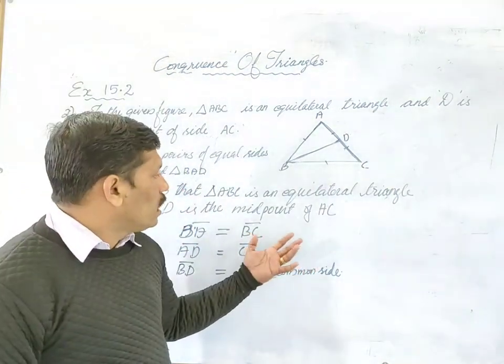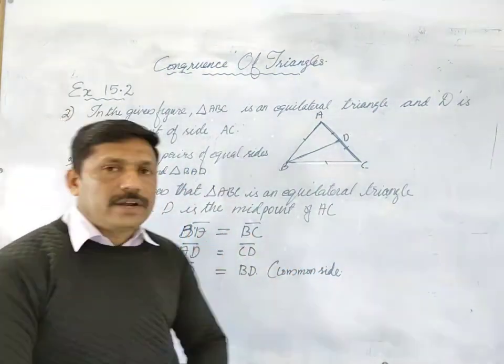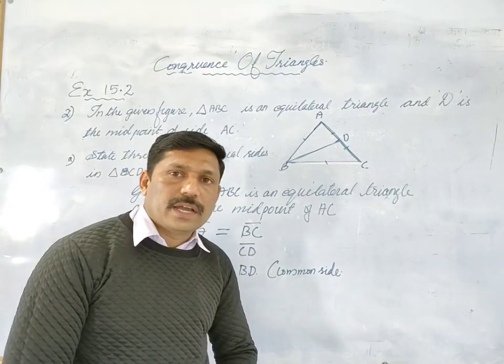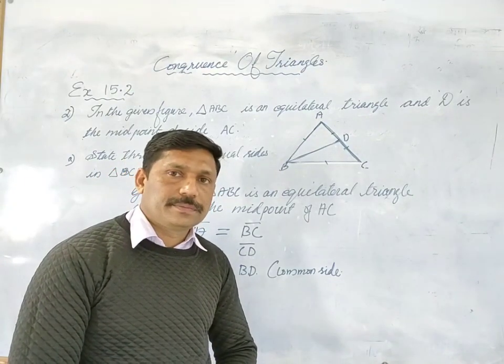So these are the three equal sides of triangle BCD and triangle BAD.